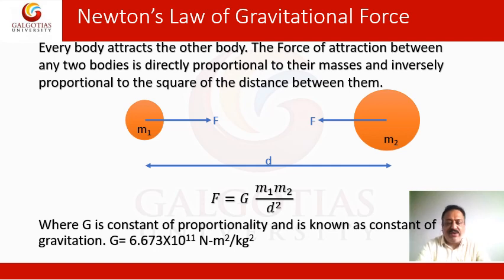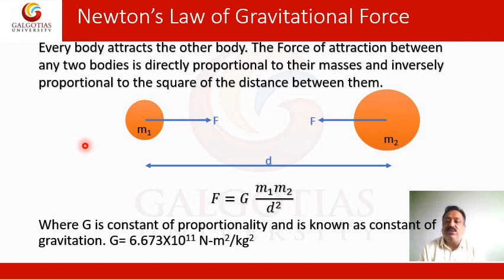Newton's law of gravitational forces. We all experience that there is a gravity force which pulls us towards the earth. Similarly, if two celestial bodies are far apart from each other, they pull each other also with some force of attraction, and that is known as Newton's gravitational force.